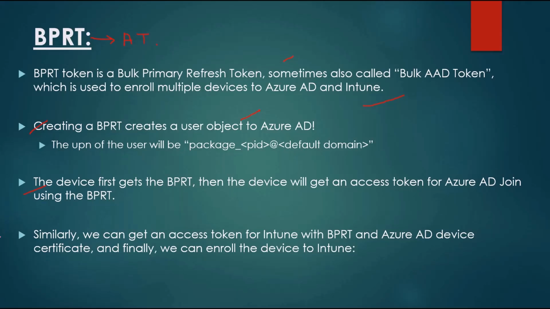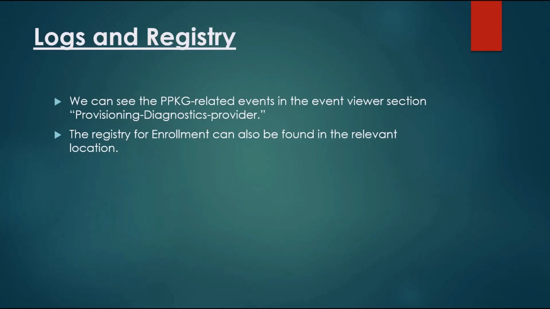The device gets an access token for Azure AD, and that is what is used to Azure AD join the device. Similarly, we can get an access token for Intune as well, which is a SaaS on Azure, and that is used to enroll the device to Intune.